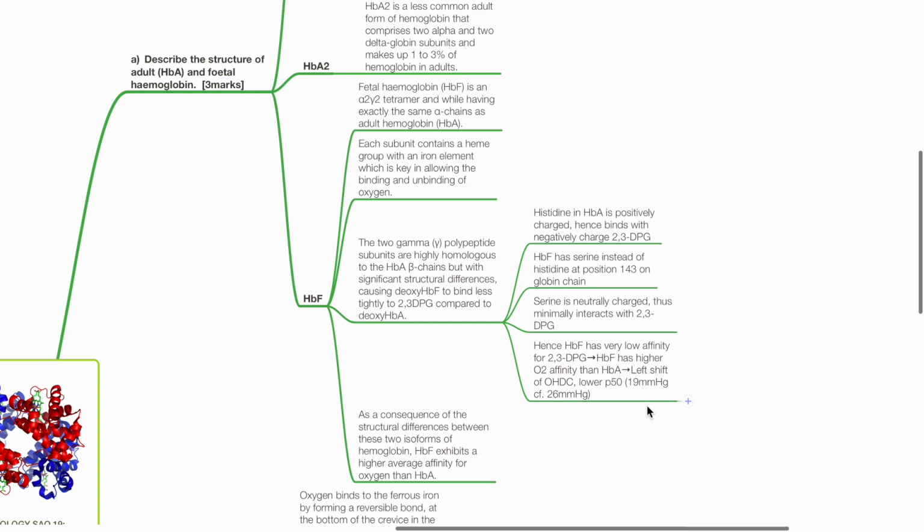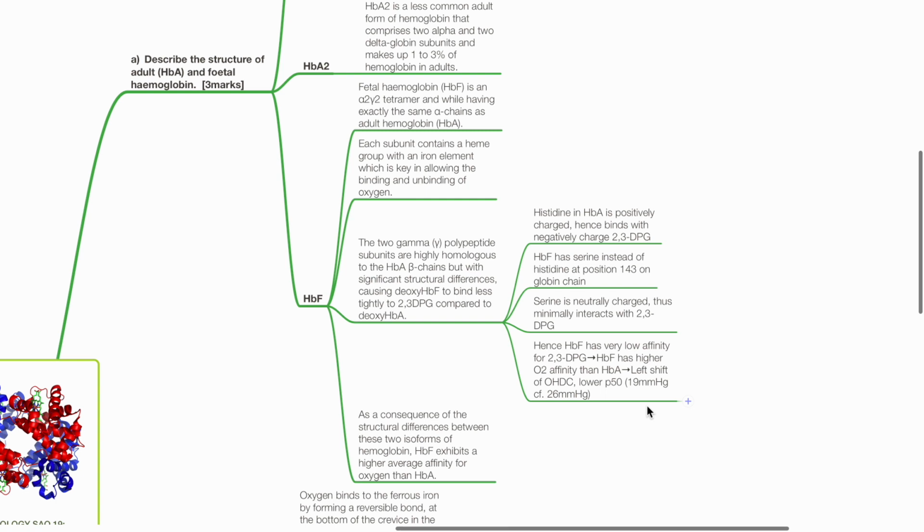As a consequence of the structural differences between these two isoforms of hemoglobin, HbF exhibits a higher average affinity for oxygen than HbA.